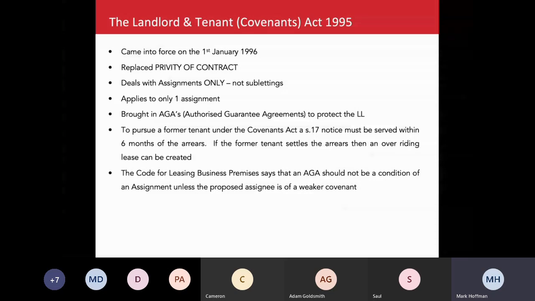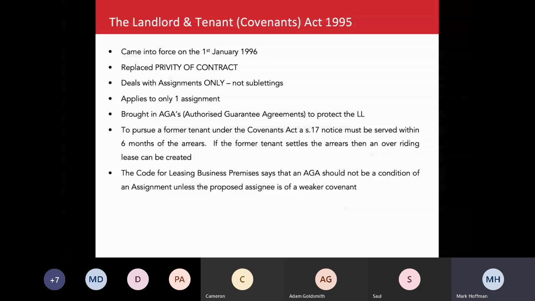At any point, because it's a pre-95 lease, the landlord can go back to Marks and Spencer and say, you are responsible for the payment of the debt because you signed a lease back in 1985 and there is privity of contract. As I said, that now no longer exists.